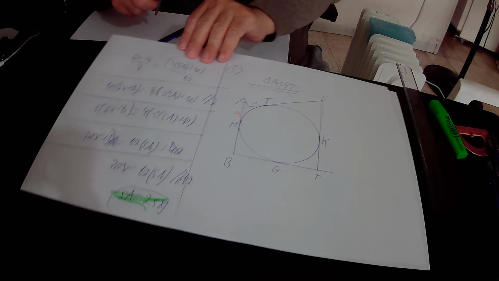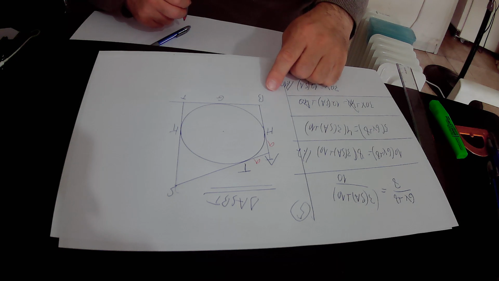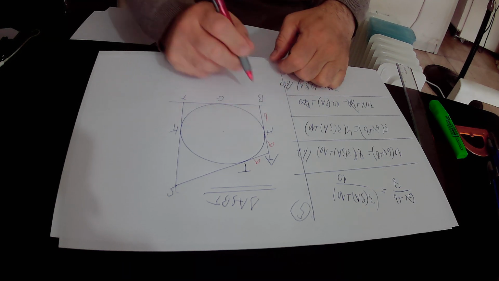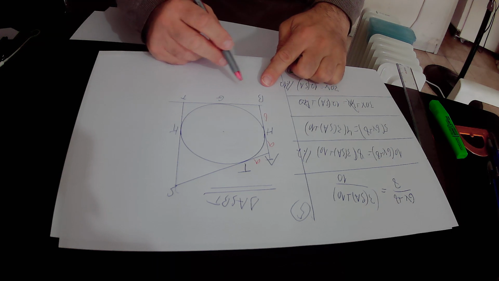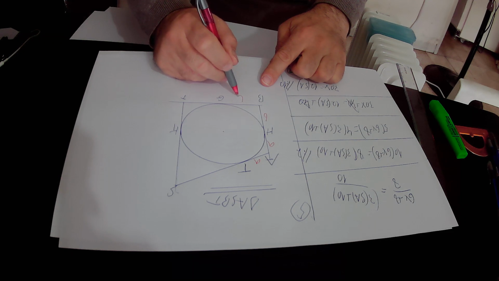And again, if we define the length of this tangent BH as B, then the length of the other tangent BG must also be equal to B because they are equal to each other.